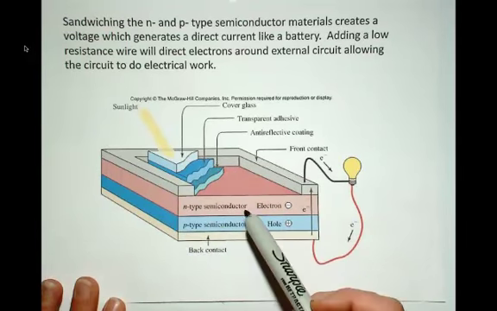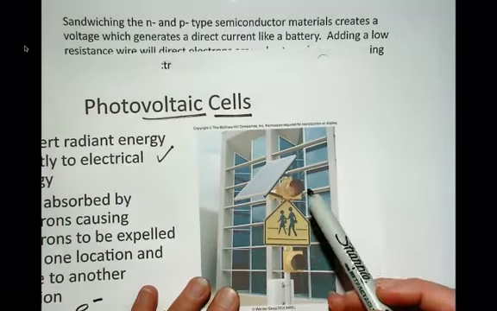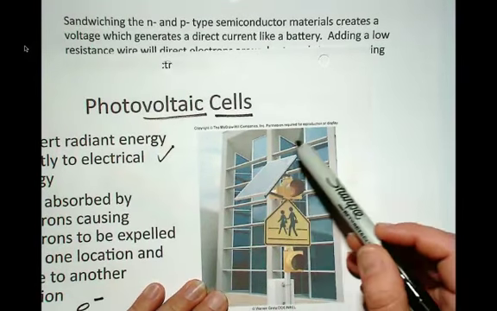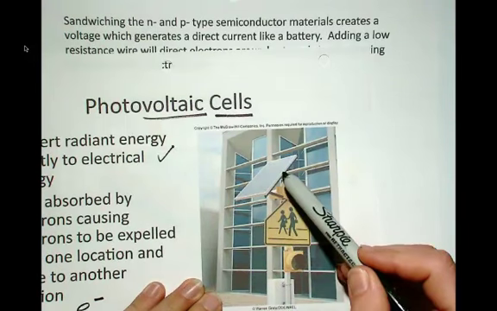Thinking back to what you saw at the very beginning in this picture, this thin device here, this solar cell. See, they're thin with a large surface area because the sun has to hit it in order for it to work.